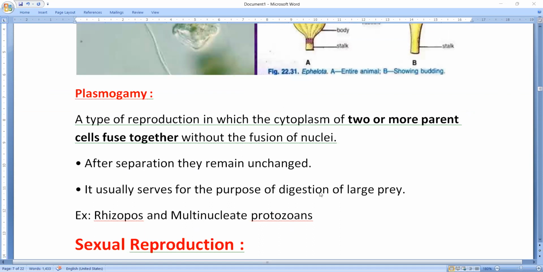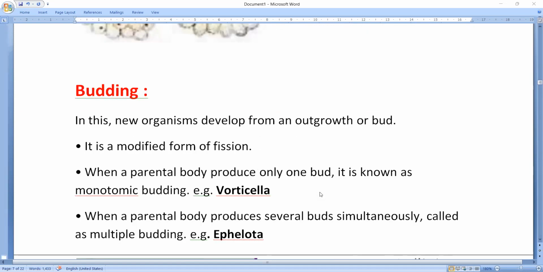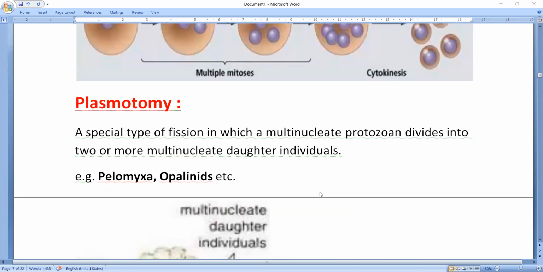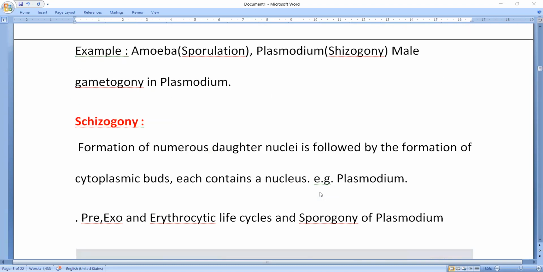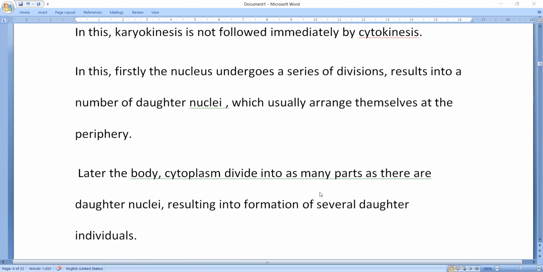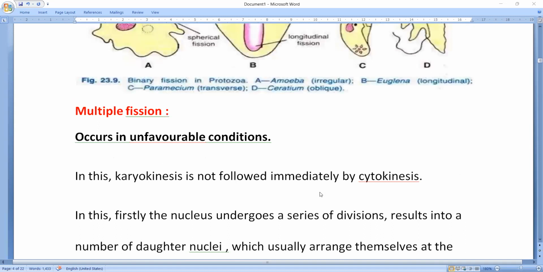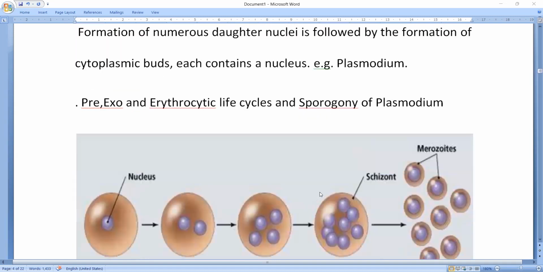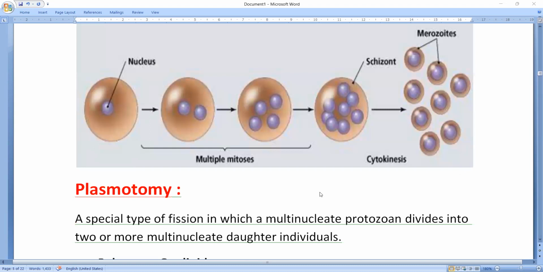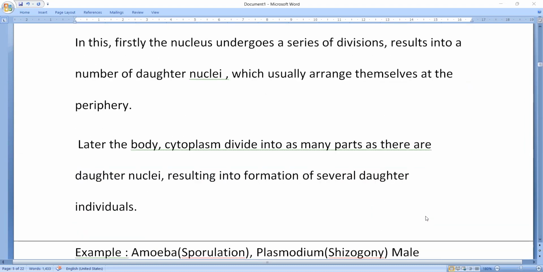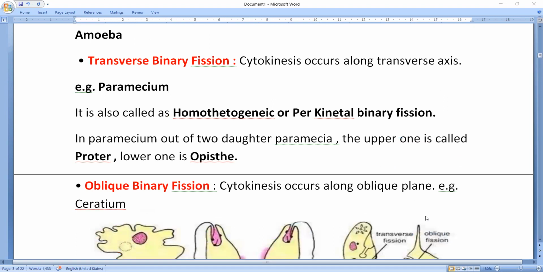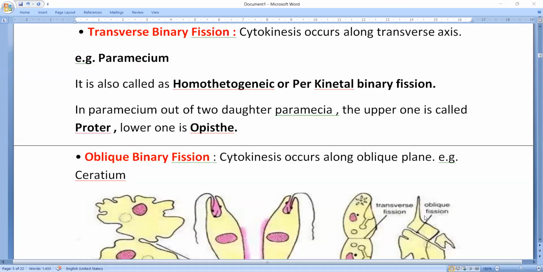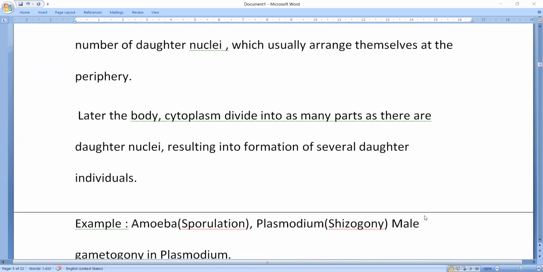So plasmogamy, budding, plasmotomy, multiple fission, and then binary fission. So these are different types of asexual reproductions.